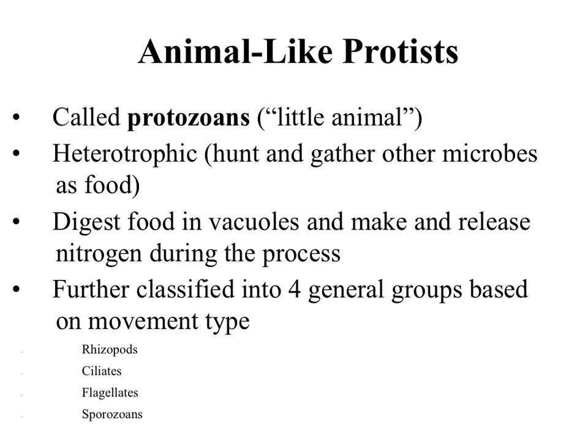First up, we have animal-like protists. So protists that are kind of like animals, but they're not close enough to animals to be able to be placed within the animal category. We call them protozoans. Protozoans, which just means little animal. Many animal-like protists are unicellular, though not necessarily all of them.